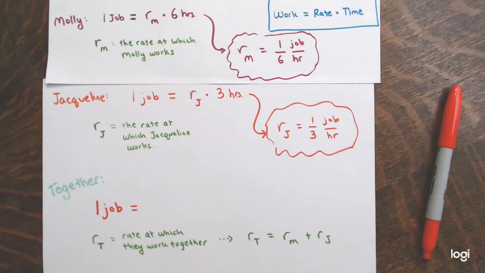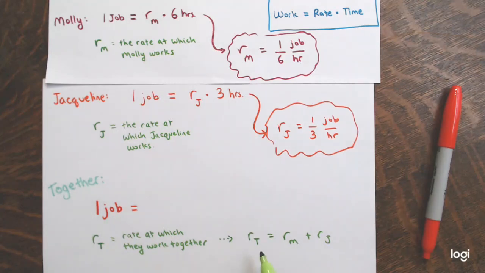Or if I just talked about plain old numbers, nice whole numbers, say for instance, Molly could assemble 5 notebooks in an hour, and Jacqueline could assemble 3 notebooks in an hour. Well, then in an hour, Molly would have done 5, Jacqueline would have done 3. Together they would have done 8 notebooks in an hour. It's just taking their sum.